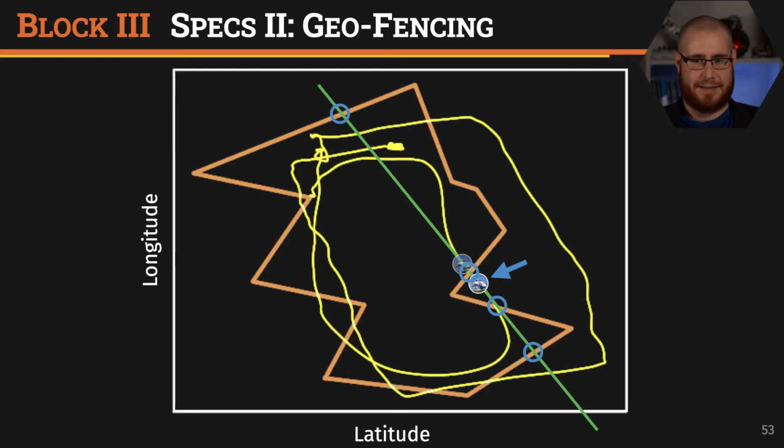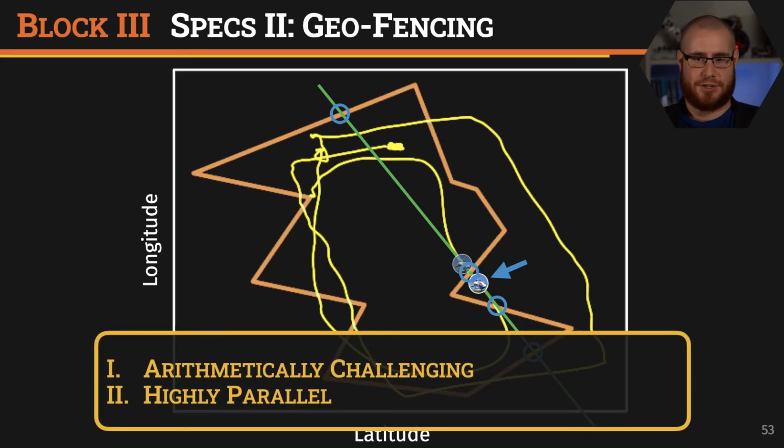In this case, this is the green line here, the trajectory vector. And we want to check several different things, and all of these checks are independent of each other. In this case, we want to check for an intersection with any of the geofence's faces. All of these checks are independent of each other and still arithmetically challenging. So this is pretty much the perfect scenario where we can see that the hardware monitoring really shines.